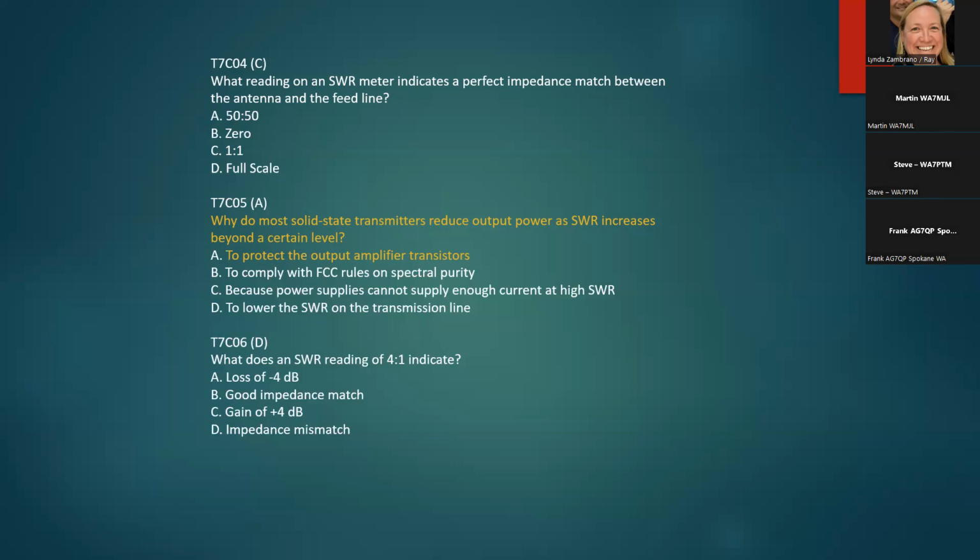Your transmitter can be damaged by transmitting into a load with a high SWR, because that reflected power is received in the transmitter as heat, and you can actually burn out the output amplifier transistors.